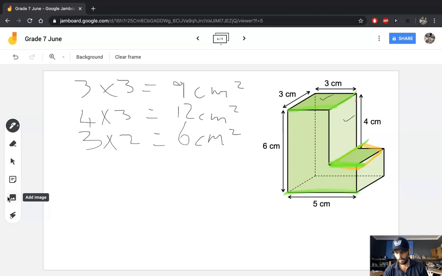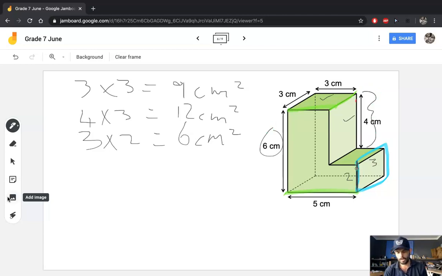Right, the next one I'm going to work out is the front face, and that front face is this face over here that I'm talking about. Again, that's going to be a length of 3, and this length over here is going to be 2, because if this is 4 and this is 6, then this piece over here must be equal to 2.